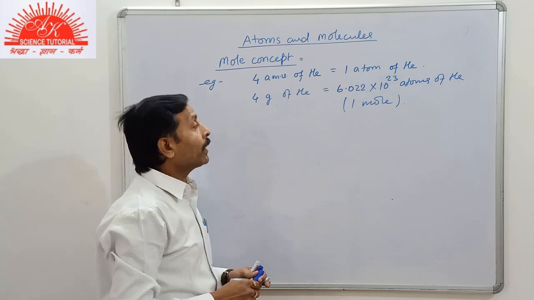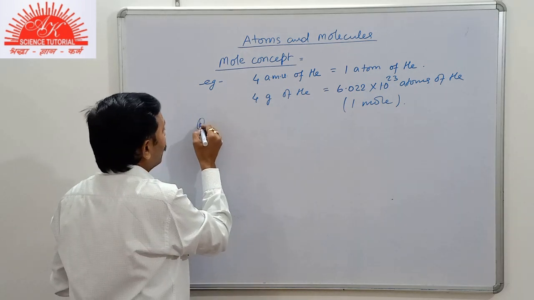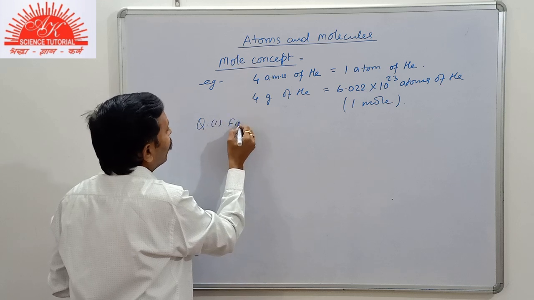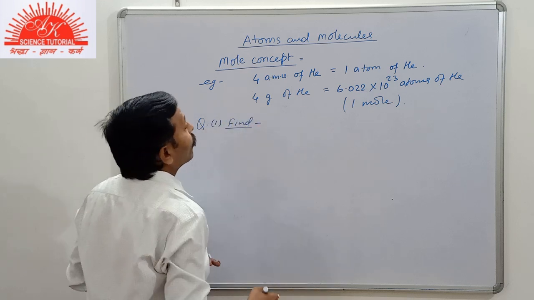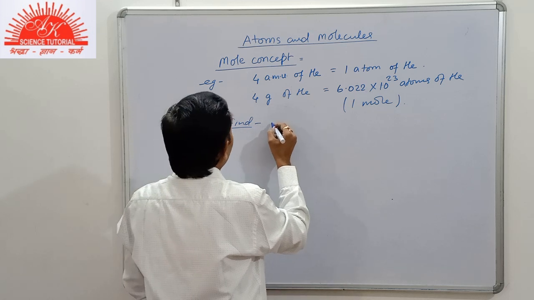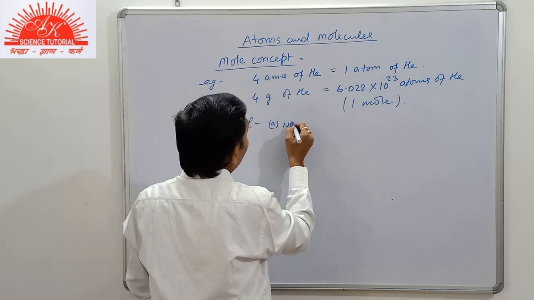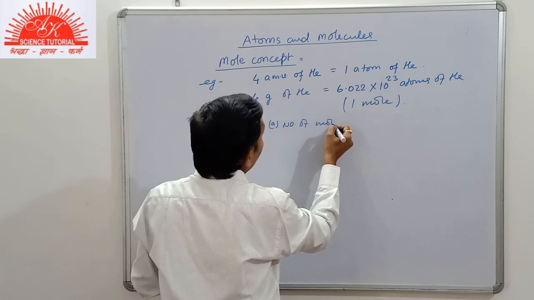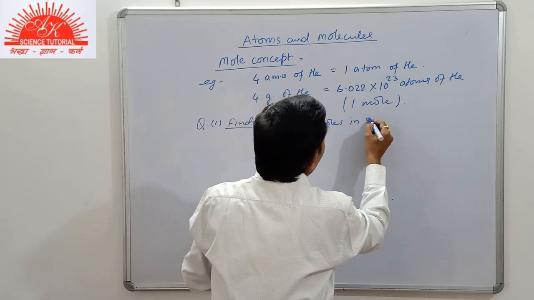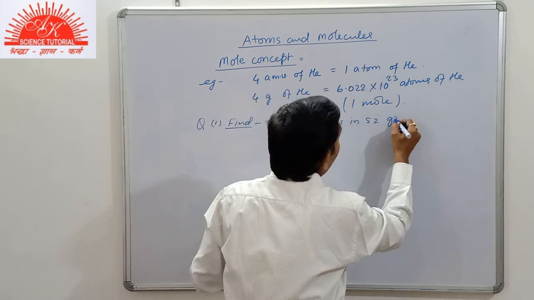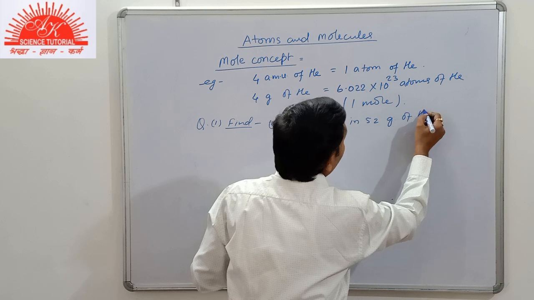So this is the basic difference. Now we can take an example, question number 1. Find first, the number of moles in 52 gram of helium.